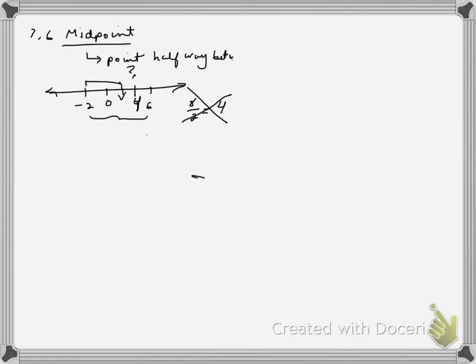The way to do it is not to find the distance between them to begin with, but instead just to do this. Add 6 plus -2. 6 plus -2 is 4, and half of 4 is 2.